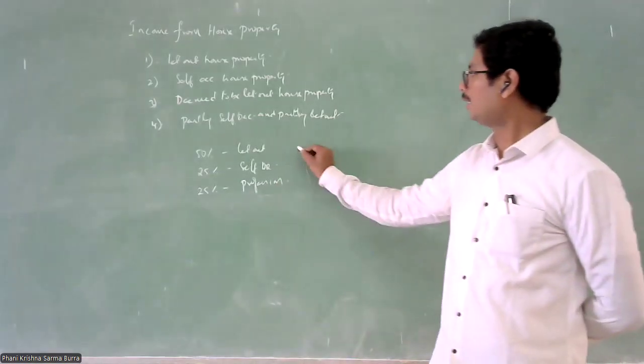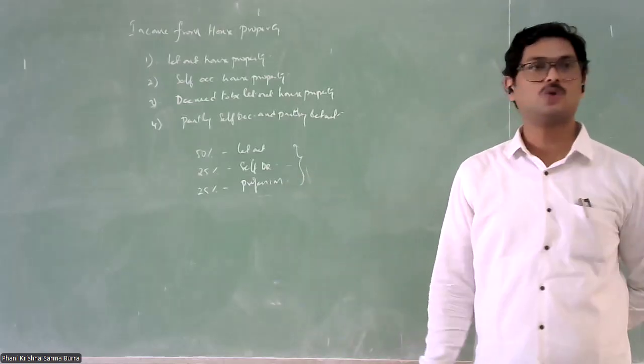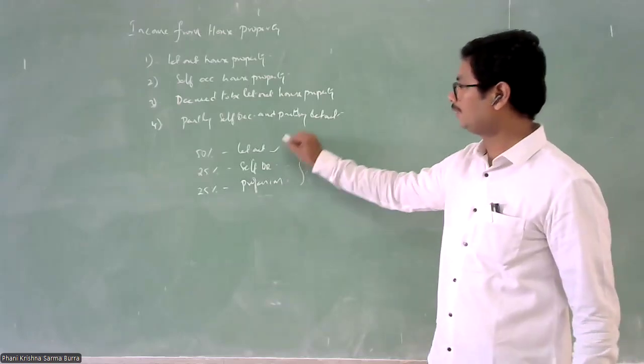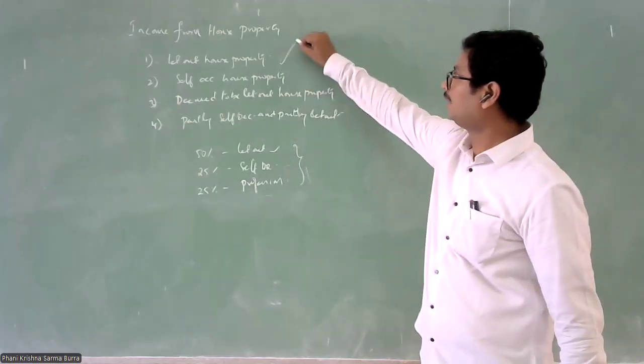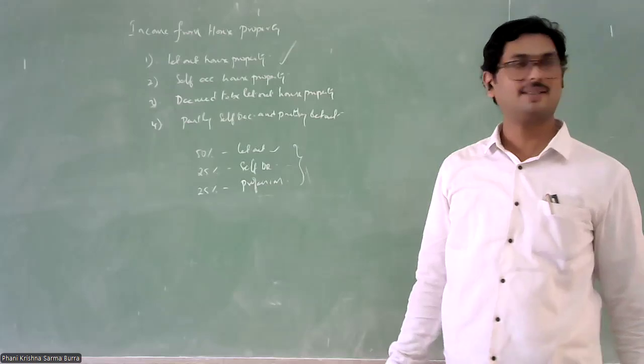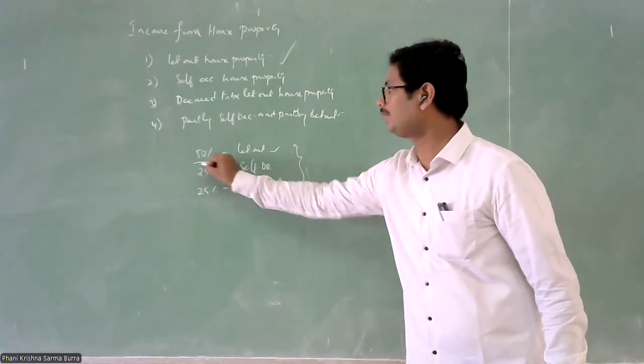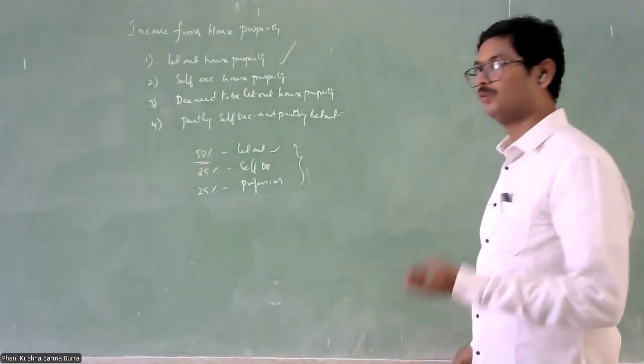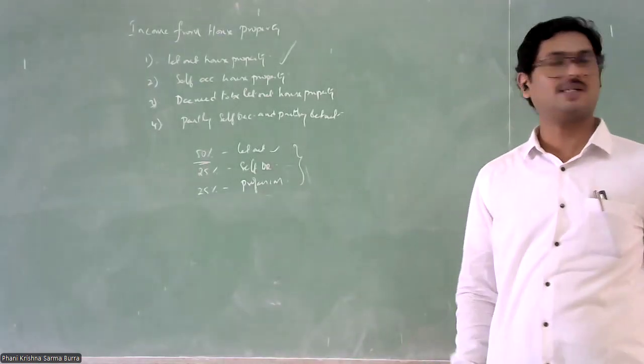So how to compute the house property is very simple. The first one is let out house property. Let out means how much is given. Here it is given only 50%. Now we are calculating the house property value.